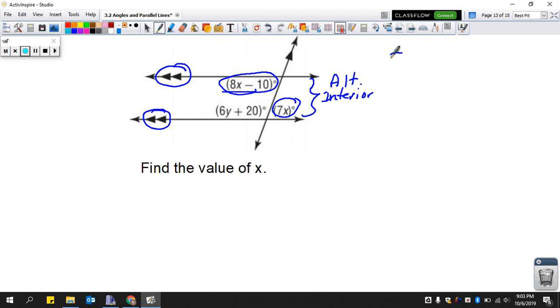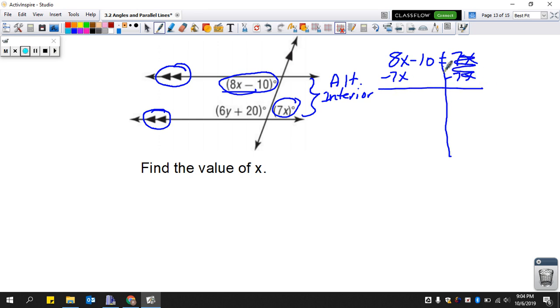So we have 8x minus 10 is equal to 7x. I'm going to move the 7x over to the left-hand side. So minus 7x minus 7x.